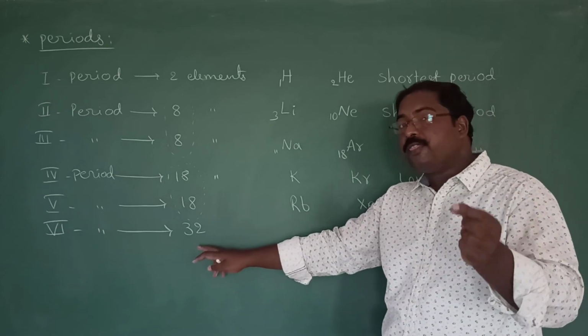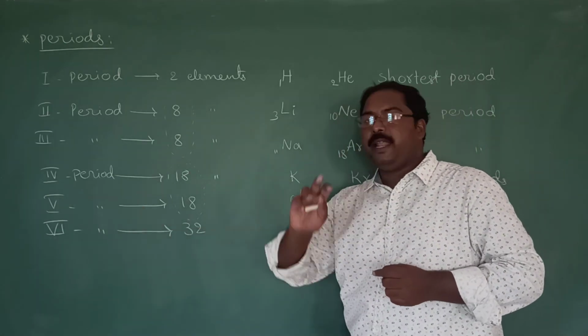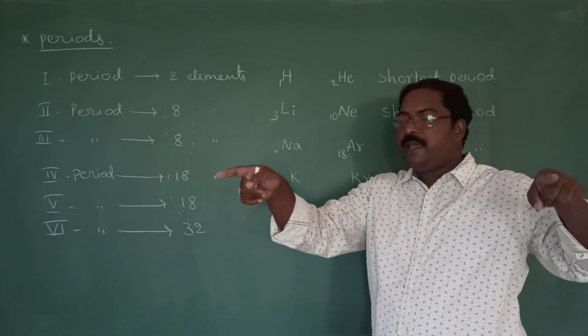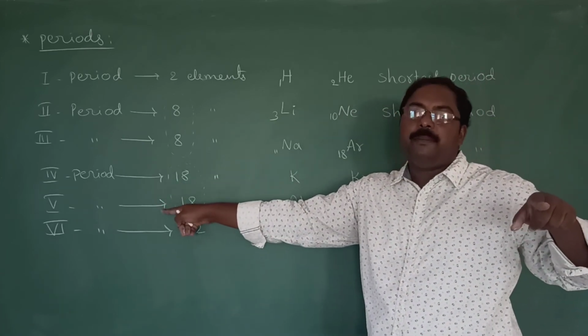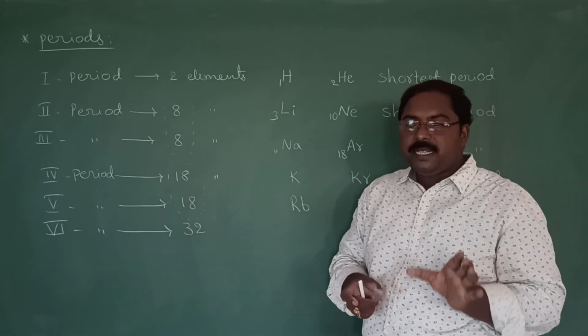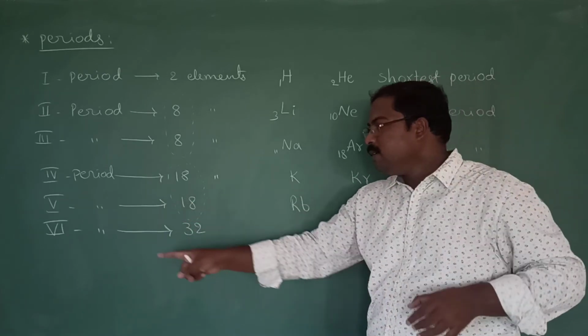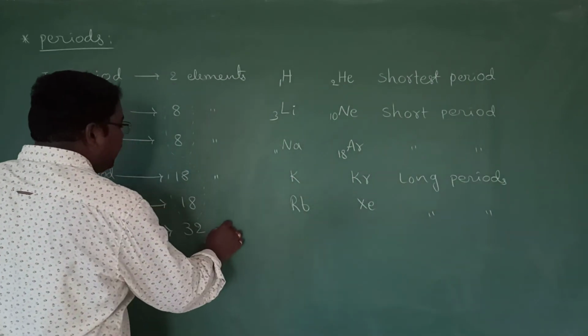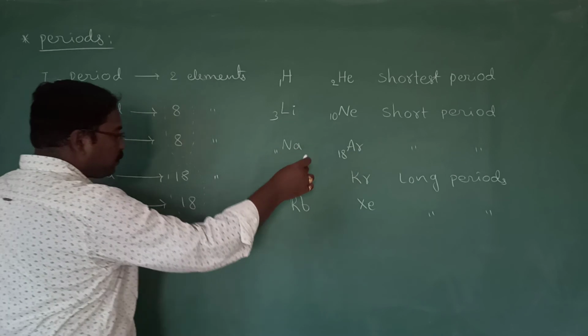So remember, lanthanoids belong to the sixth period. That is why we get 32. Lengthwise it is the same as the fifth period, because lanthanoids are placed at the bottom, but they belong to the sixth period only.